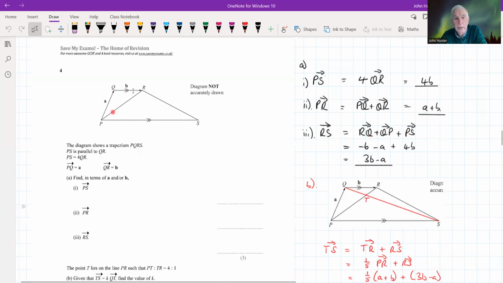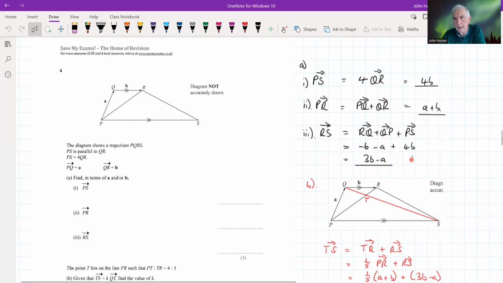Now RQ is QR in the opposite direction, so we change the sign. So QR equals B, then RQ is minus B. That's what we've got there. In the same way, QP is minus A. PS is what we found it to be in part 1, which is 4B. So that's a total of 3B minus A.